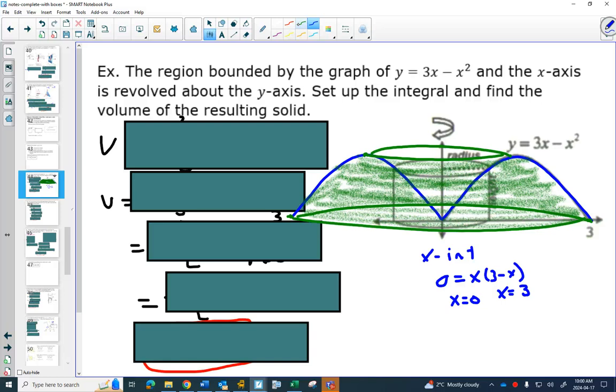I would have to split it right here and, if I cut this part, I would create washers. Then I would split it here again and do a second set of washers. I would have to do washers in 2 sections.